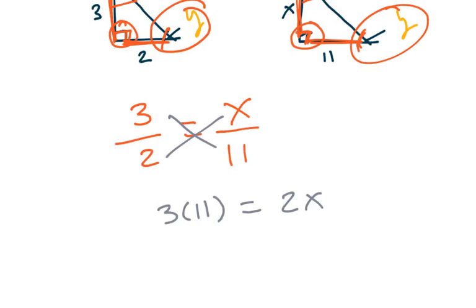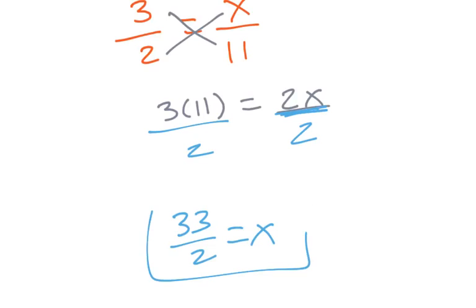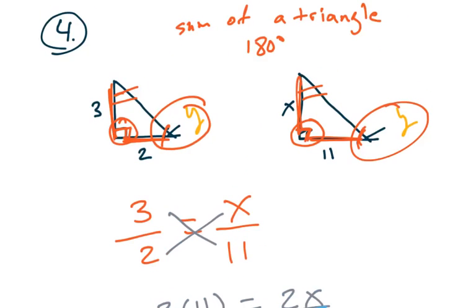Finishing this off, divide through, chose the wrong color. Divide through by 2. And we're left with, so nothing goes in, so we're left with 33 over 2 is x. And that's it.